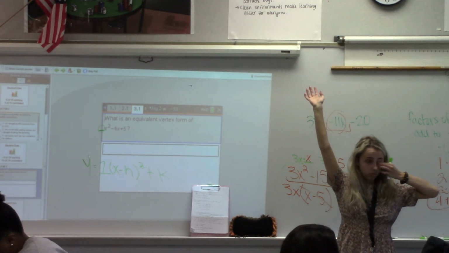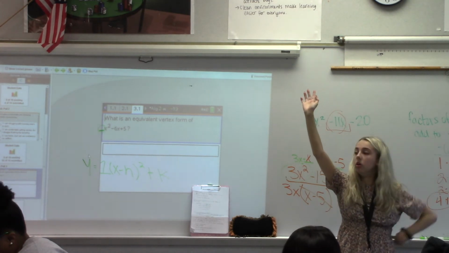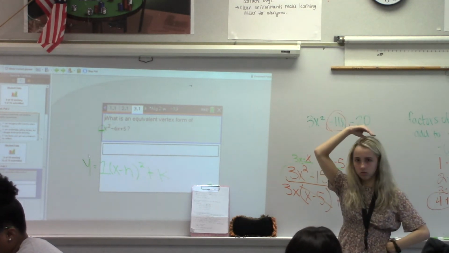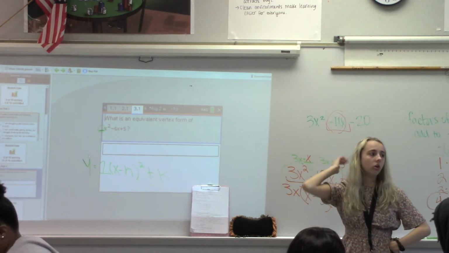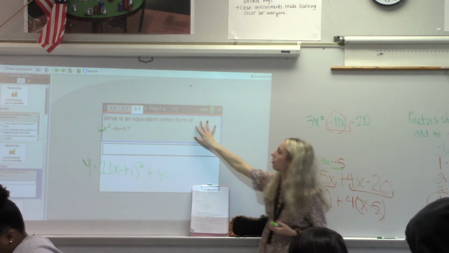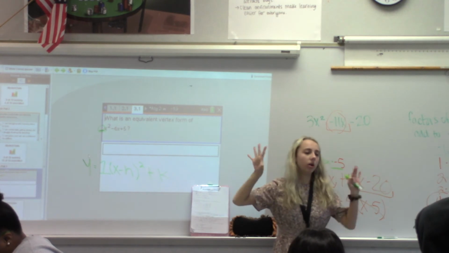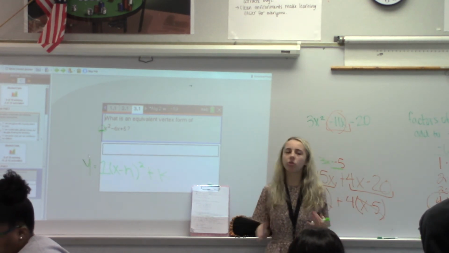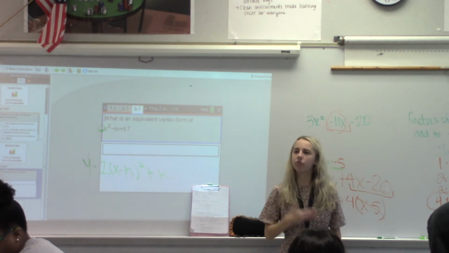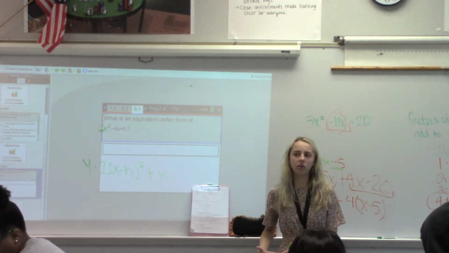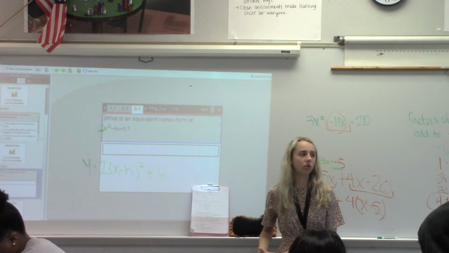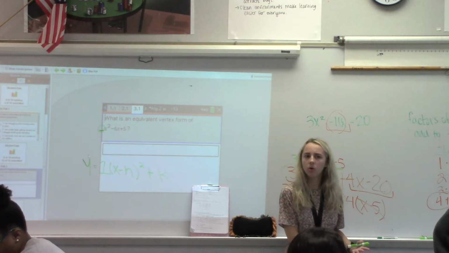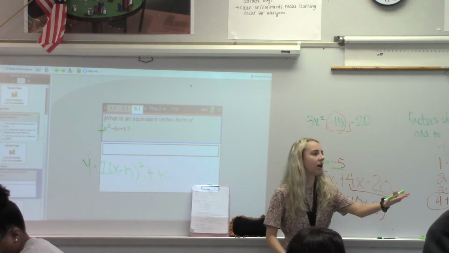Okay, guys, it just says to write it in vertex form. And a lot of you have gotten there, but now you set it equal to zero and you're solving for x. So why are you doing that? Why do we set something equal to 0? To find solutions, right?